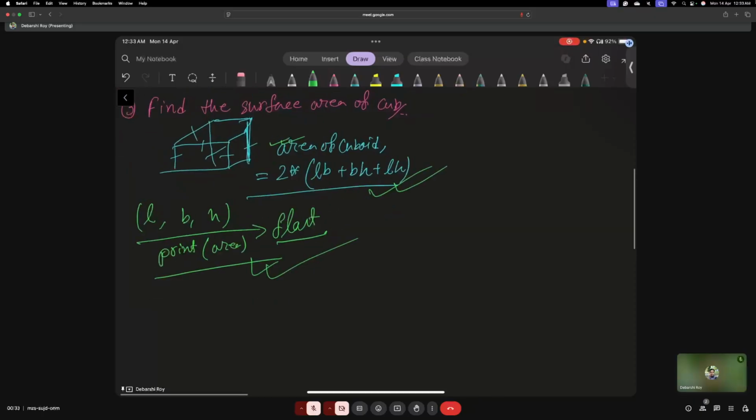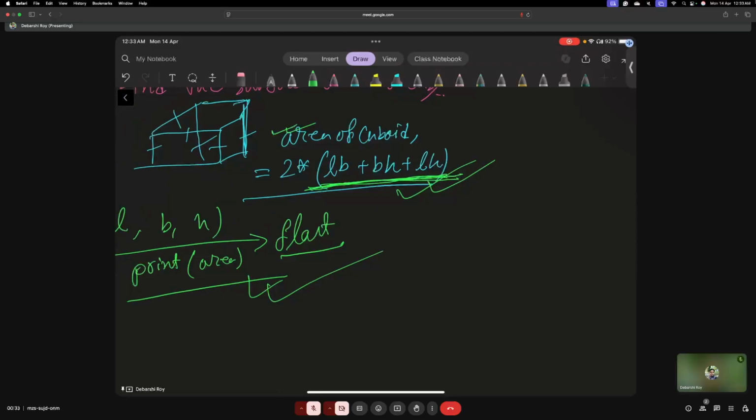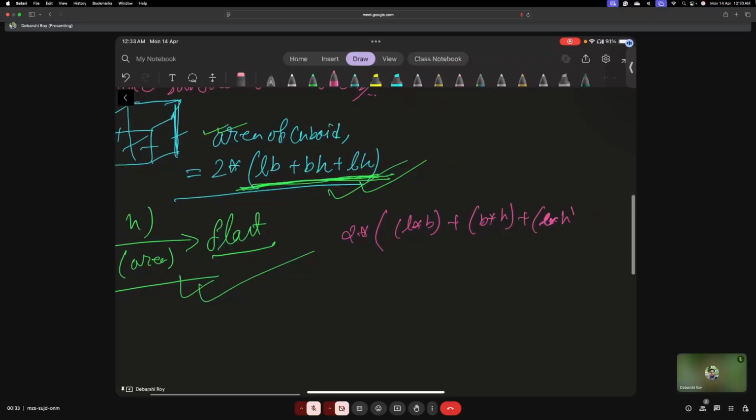And please use the precedence carefully. I will demonstrate in my coding also how to use this precedence. You can write it like this: 2 multiplied by length multiplied by breadth plus breadth multiplied by height plus length multiplied by height. You can write like this also.